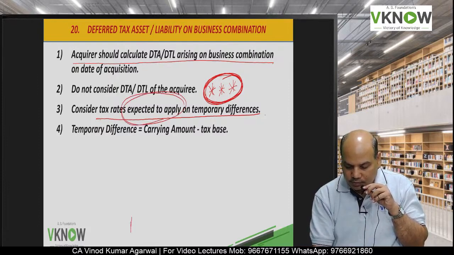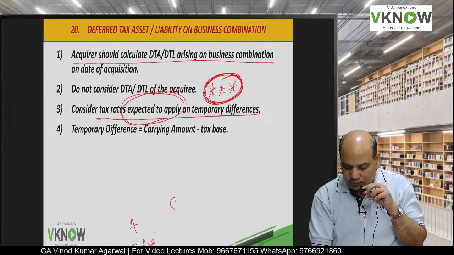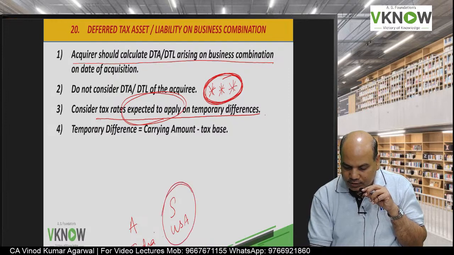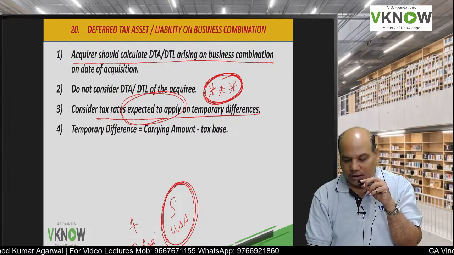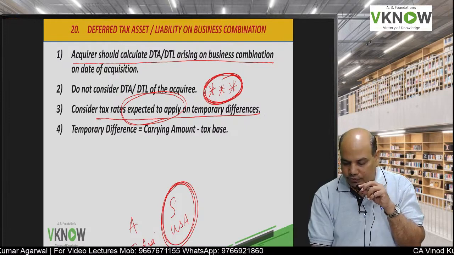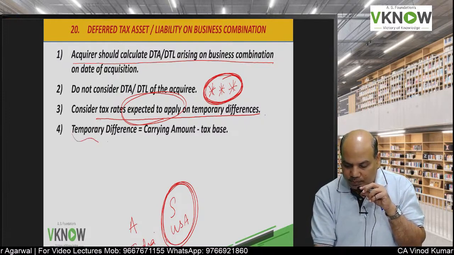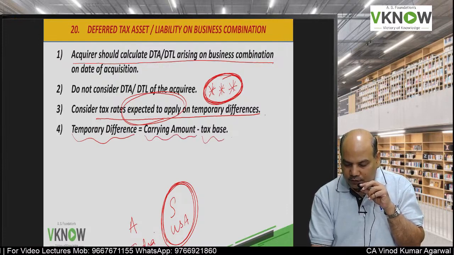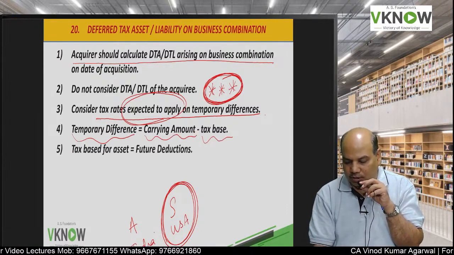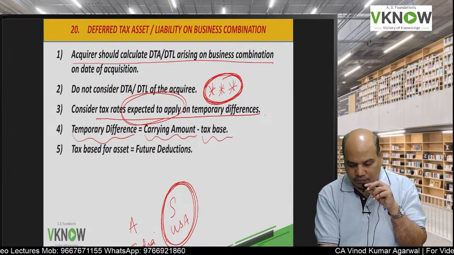If the parent company A is in India, subsidiary is in USA, then we'll take the tax rate applicable to subsidiary, not the tax rate applicable to India, and we will compute temporary difference. As per IND AS 12, temporary difference is the difference between carrying amount and tax base.